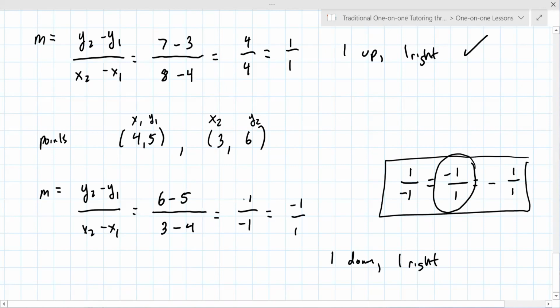We always said it always goes to the right, which means the bottom number is always positive.